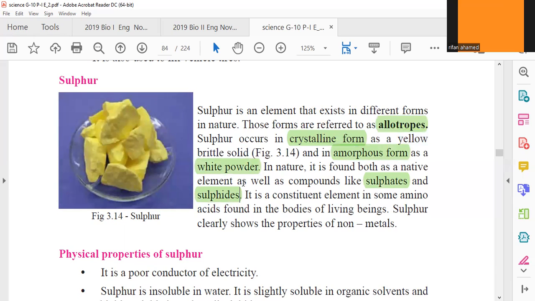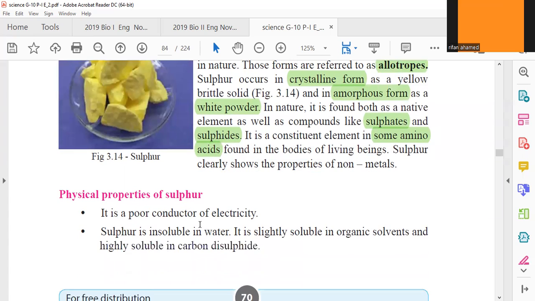Further, you will notice sulfur in some amino acids. So biologically, in amino acids, in proteins, you can observe sulfur.